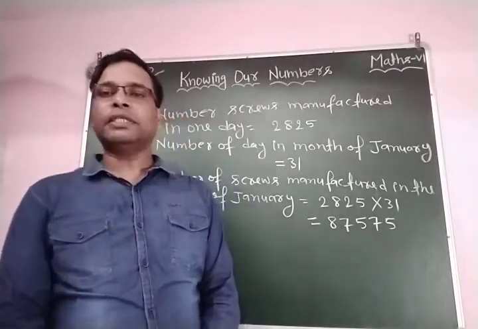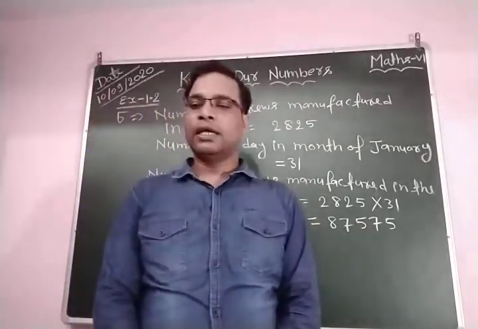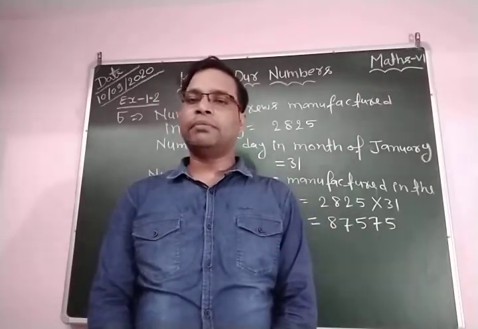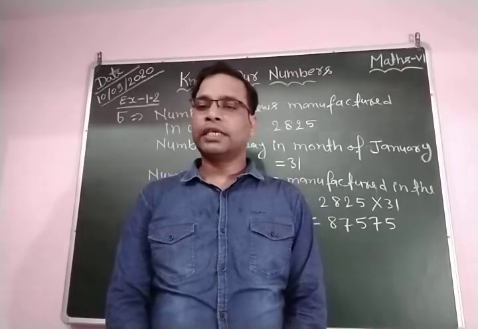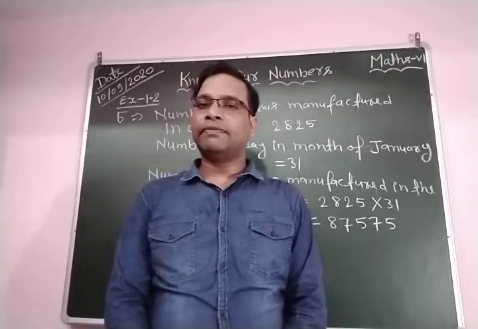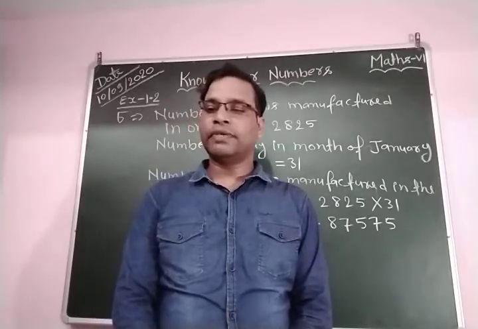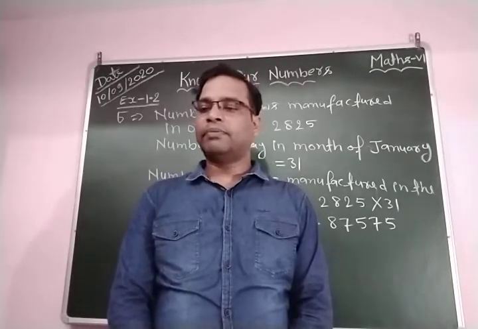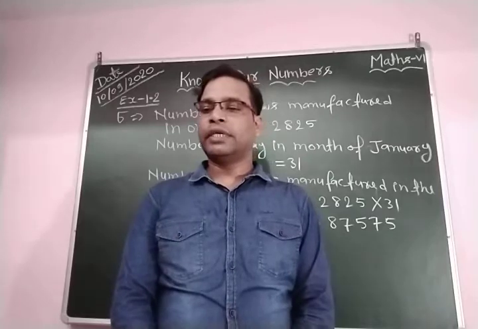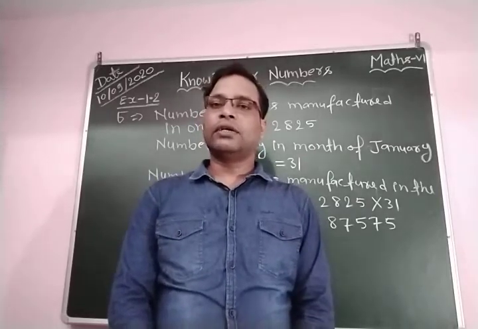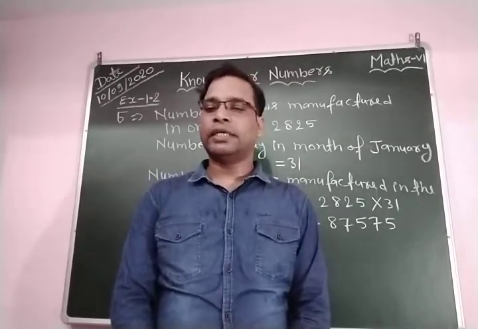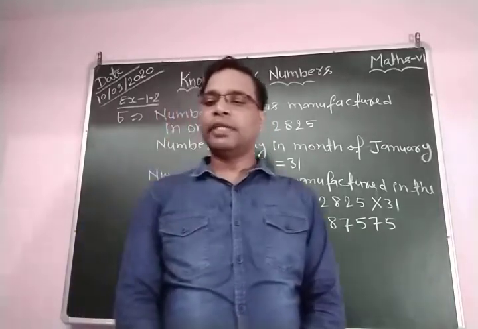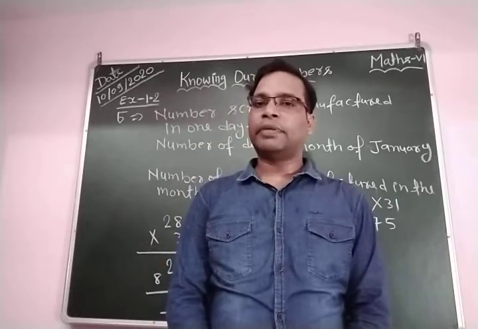In question number 7, this is given: a merchant has 78,592 rupees with her. She placed an order for purchasing 40 radio sets at the rate of 1,200 each. How much money will remain with her after the purchase?